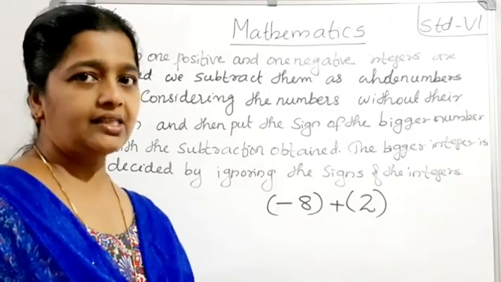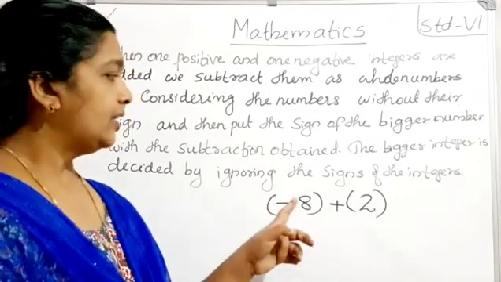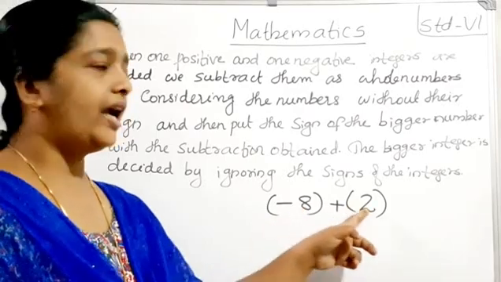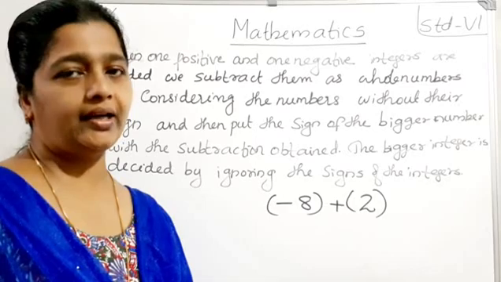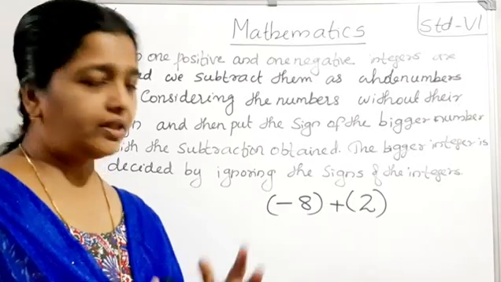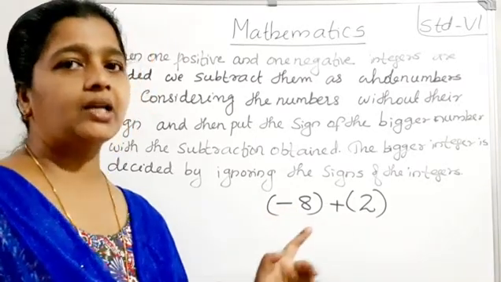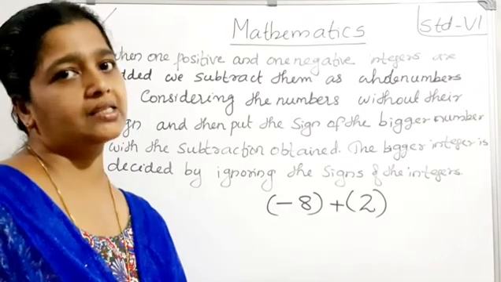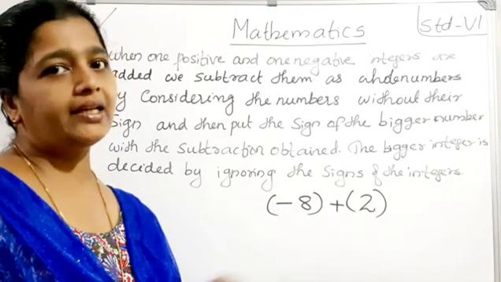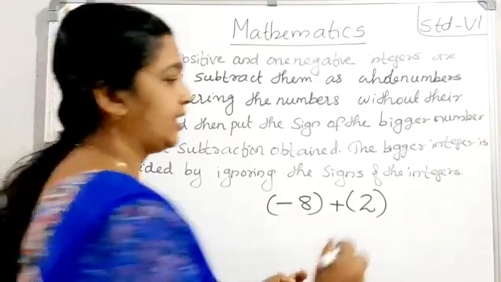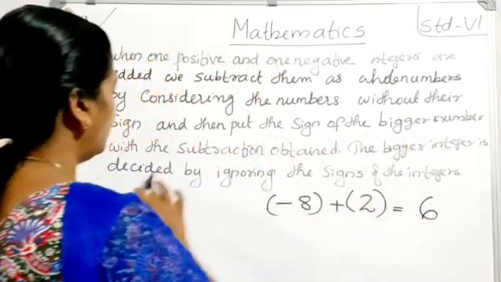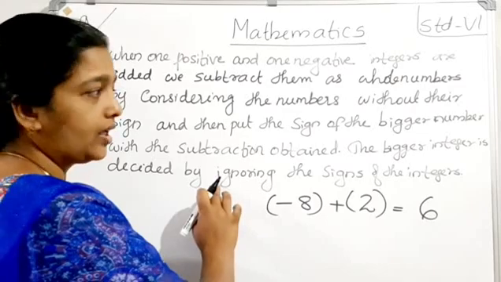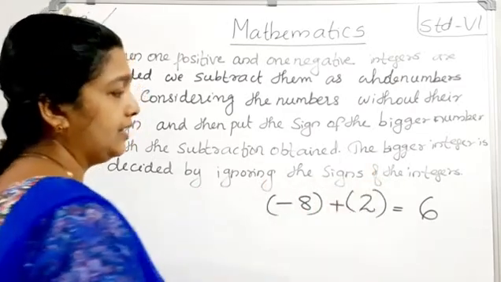That means we want to subtract one positive and one negative. You avoid that negative symbol. Subtract the smallest number from the greatest number. 8 minus 2 equals 6. And the bigger integer is decided by ignoring the signs of the integers.